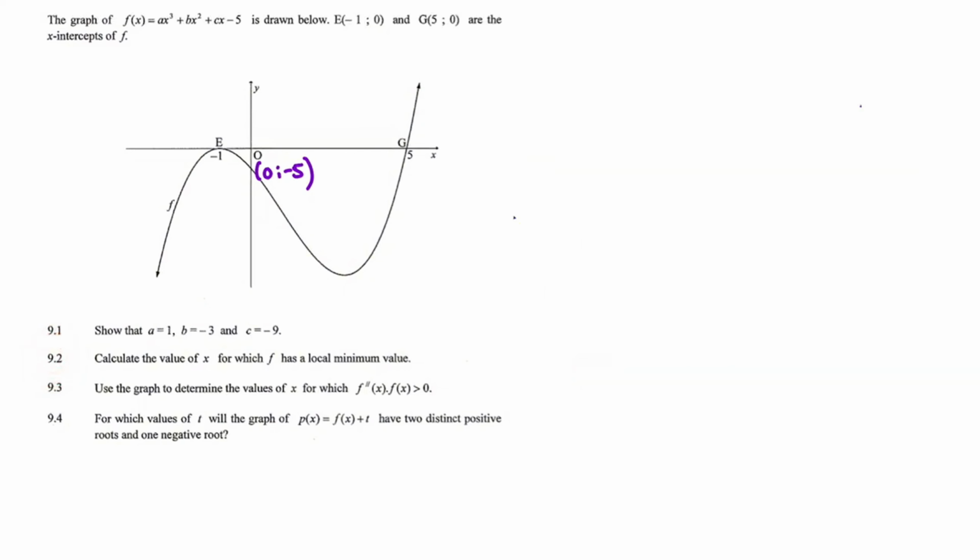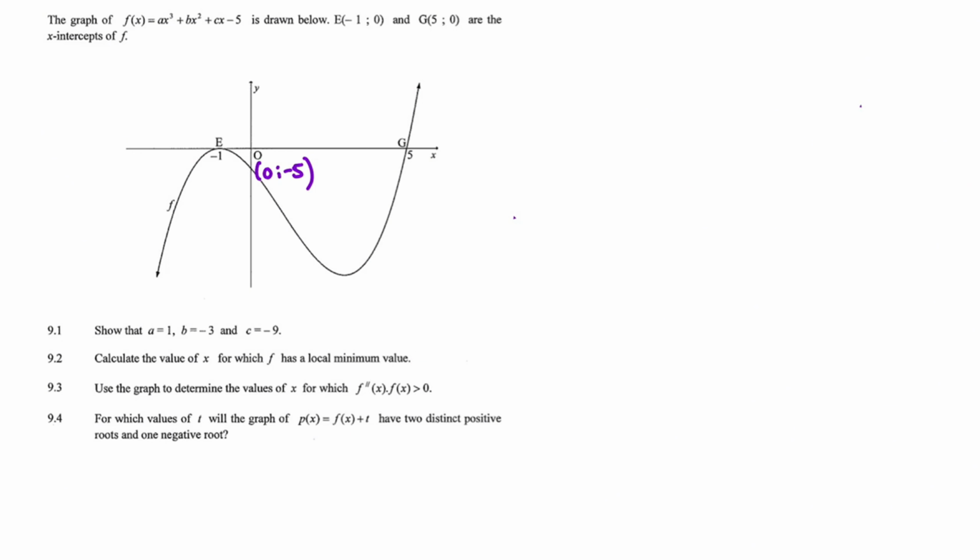9.2. Calculate the value of x for which f has a local minimum value. Here we can see that the local maximum is at point E, and that means that the local minimum is still undefined, or we still need to find this local minimum. At the local minimum and maximum, we know that the first derivative, or the gradient, is equal to 0.